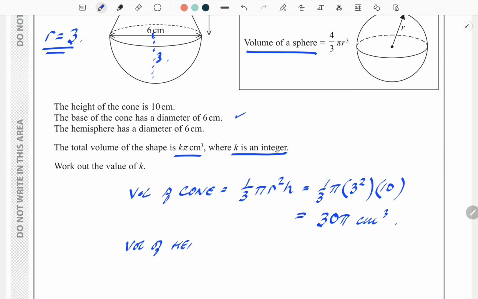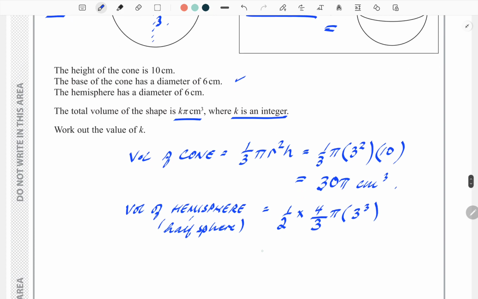Remember, that's a half sphere. The volume of a hemisphere is going to be half times 4/3, as you can see from the formula here, 4/3 pi r cubed, and then r again is 3, so 3 cubed.